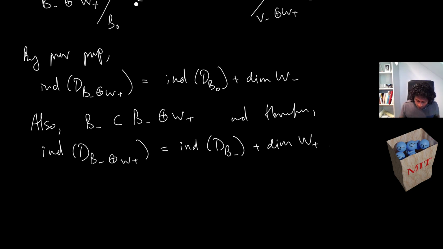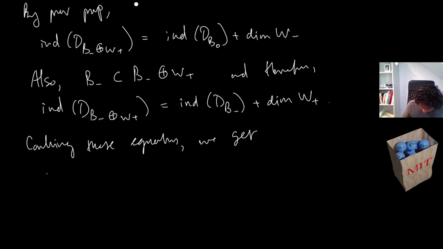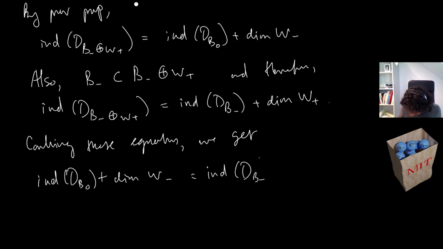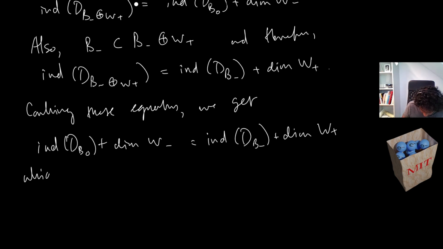So now we have two equalities, and if we combine and rearrange them, we get that the index of dB naught plus dim W minus is equal to the index of dB minus plus dim W plus, which is the required equation.